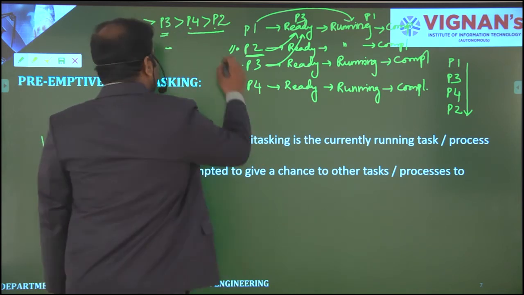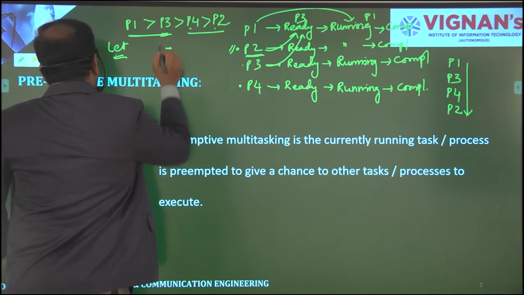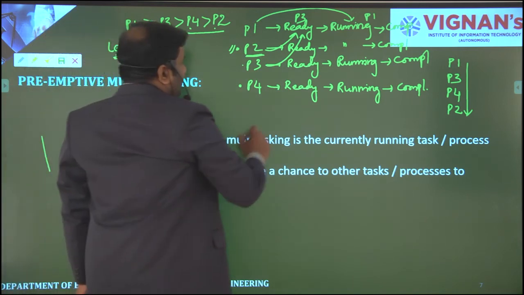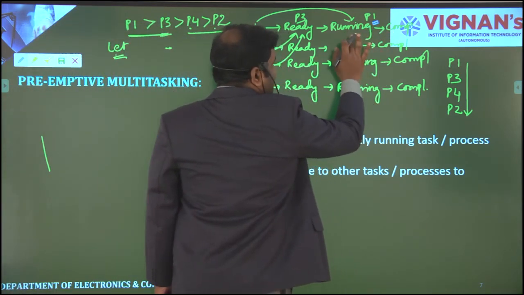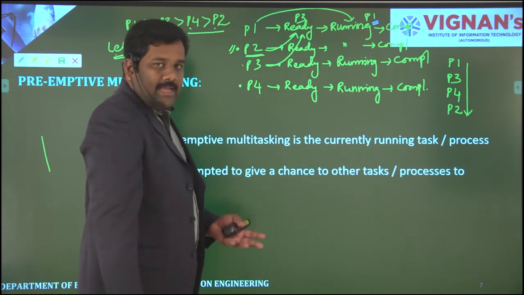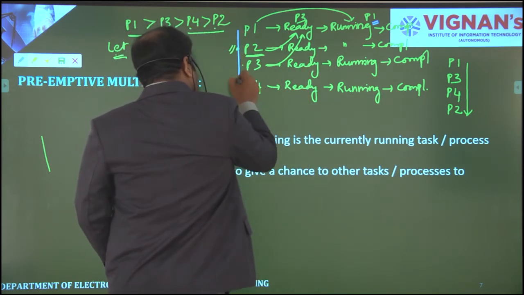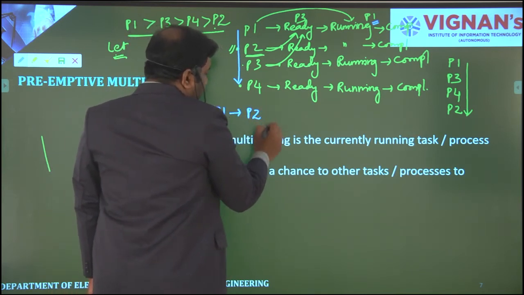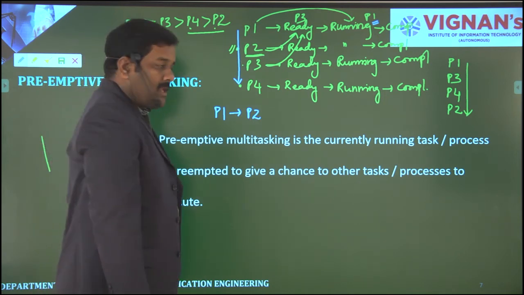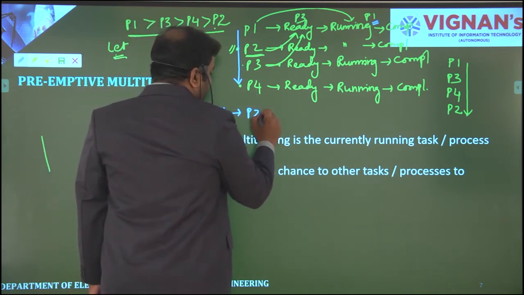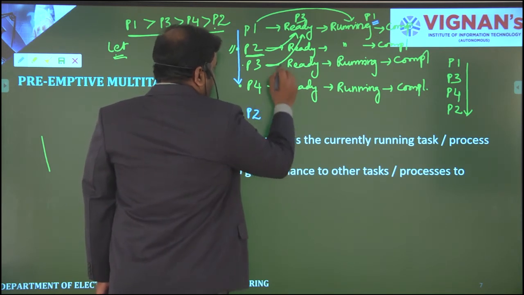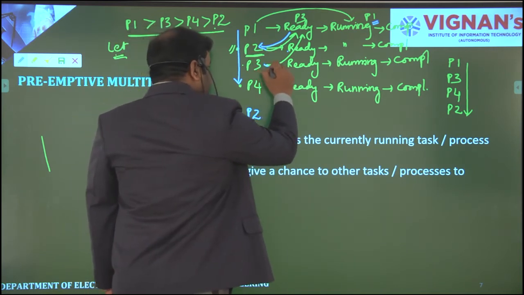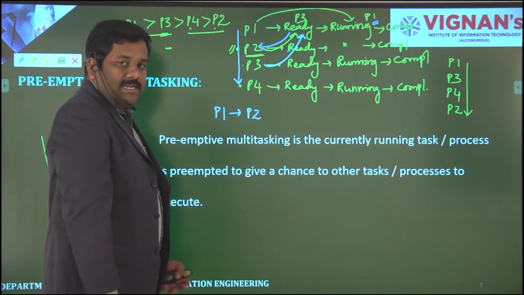Okay, let's come to state 2, that is P1 is greater than P3. While P1 is executing, it has to reach the running state. Once it has reached the running state, the ready state becomes empty. Then obviously, on a sequential execution basis, after completion of P1, P2 has to reach the ready state. But due to the priority problem, from the ready state P2 will be returned to its original state, and then P3 is going to execute in the ready state.